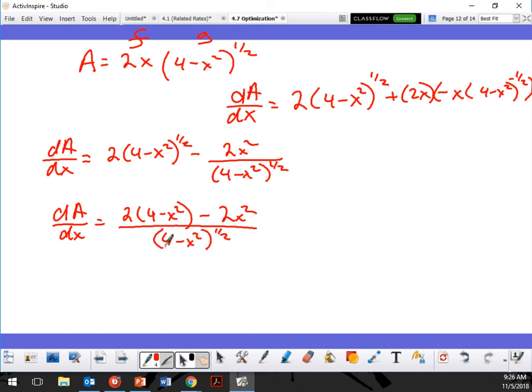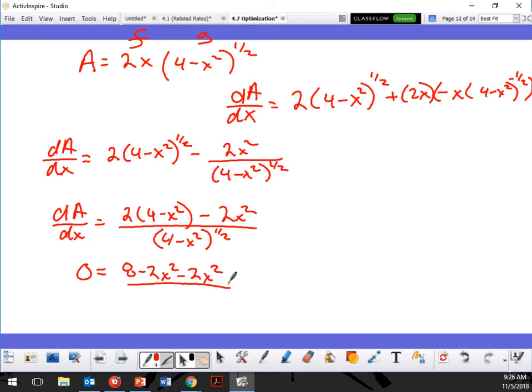Set it equal to 0, yes, and then distribute this. So it's going to be 0 equals, the denominator goes away. I'm left with 8 minus 2x squared minus 2x squared.